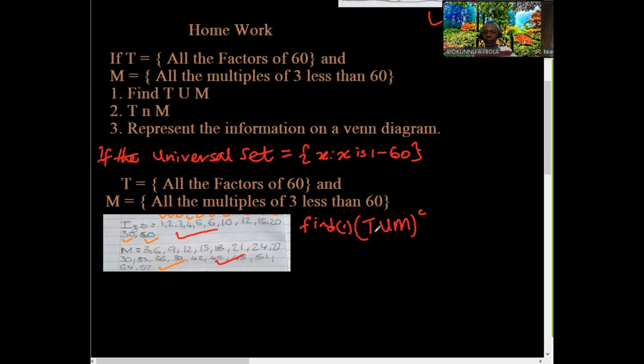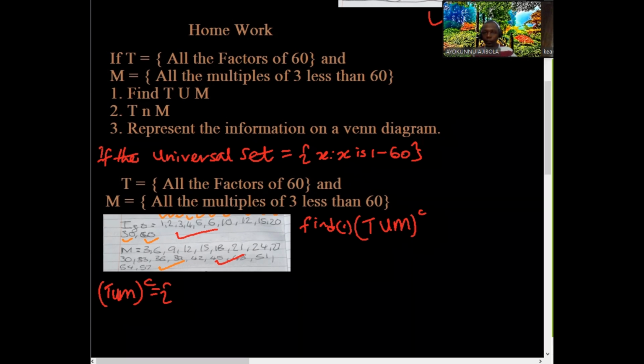The prime of T and M is what is in the universal set that is not in T and M, okay? Let us try to find it. T union M complement will be everything that is in 1 to 60 but is not in T, neither is it in M, okay?